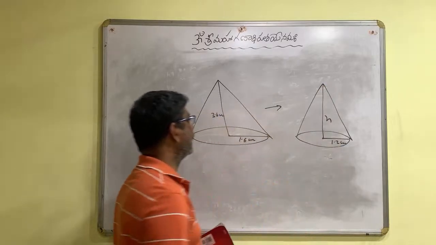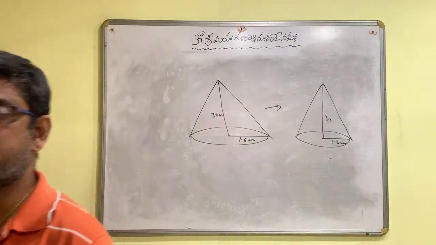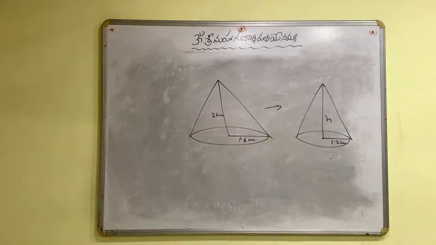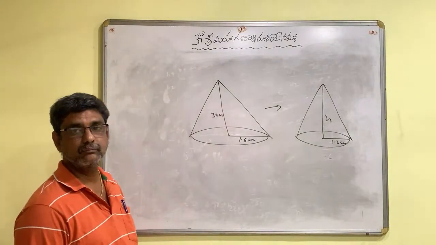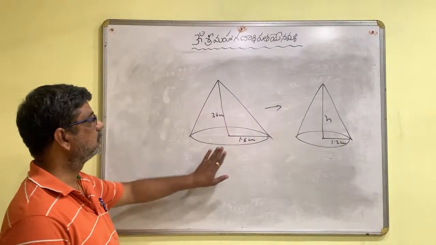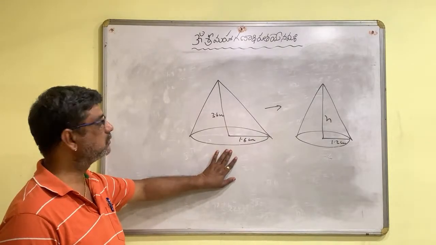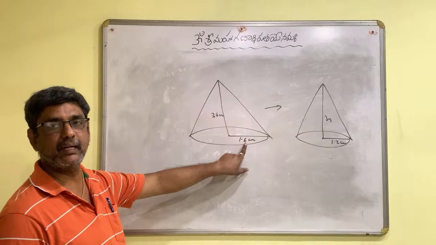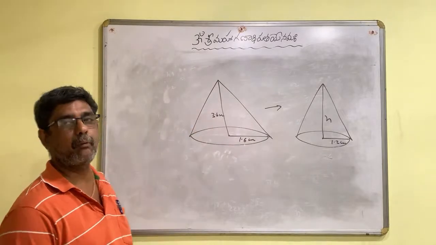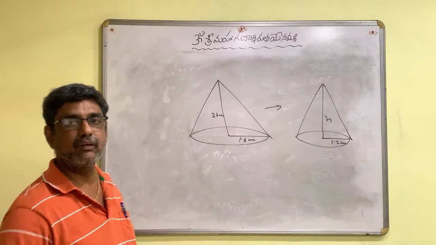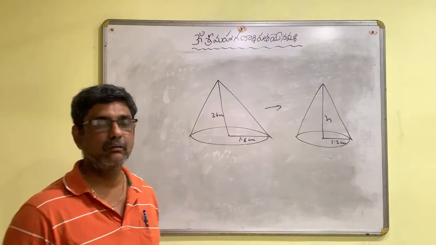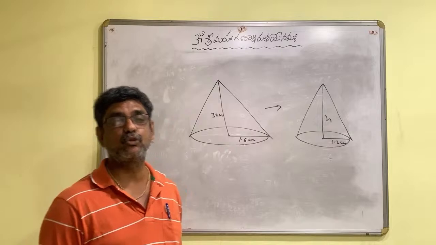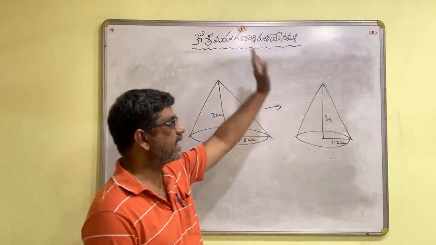We need to find out the height. This is the question. Okay, children. There is a right circular cone, radius 1.6 centimeters, height 3.6 centimeters. It was melted and again recast into another cone whose radius is 1.2 centimeters, and the height we need to find out.